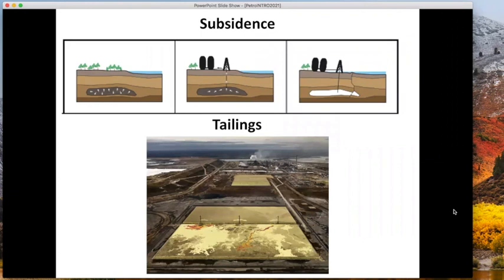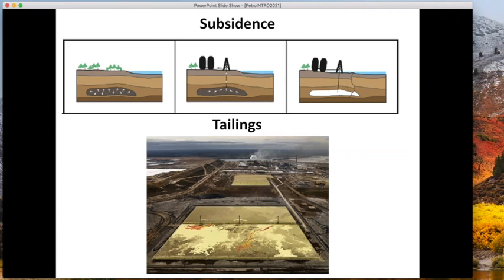Okay, just like coal, we have pollution associated with extracting and processing petroleum. We don't get coal ash, but we do get tailings again. Tailings are any of the leftover products from crude oil that we can't use. These things are toxic, and we put them in big ponds.